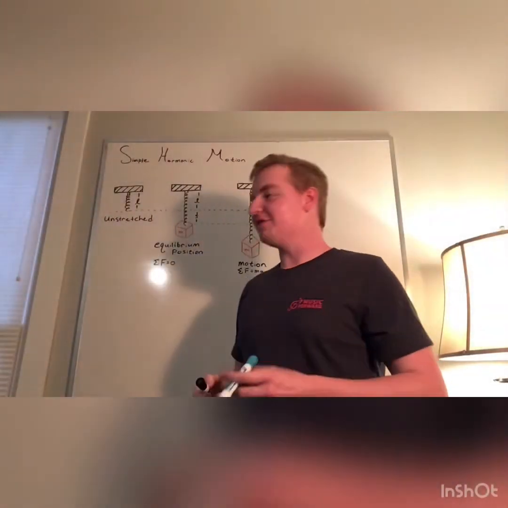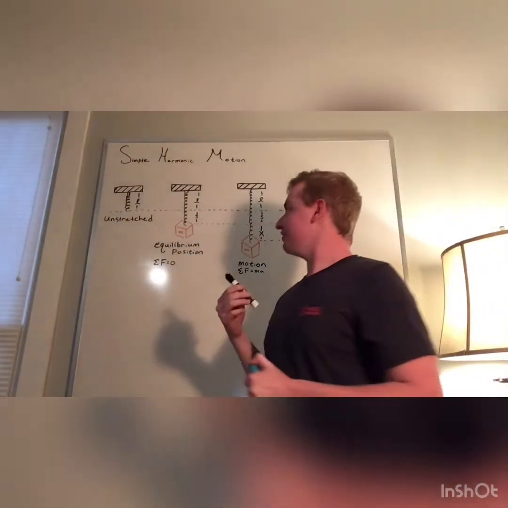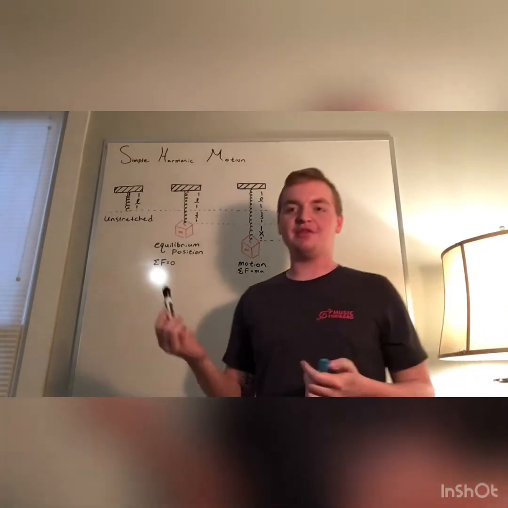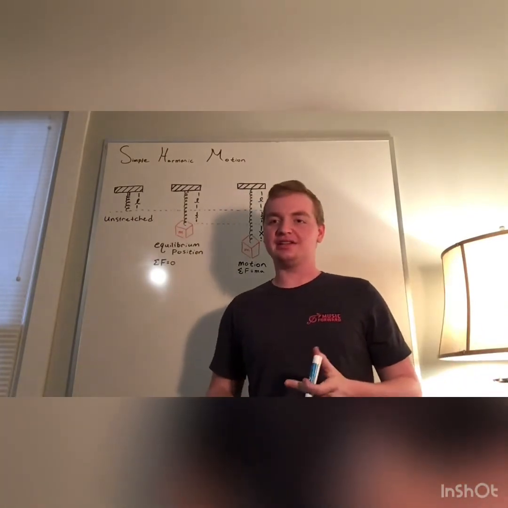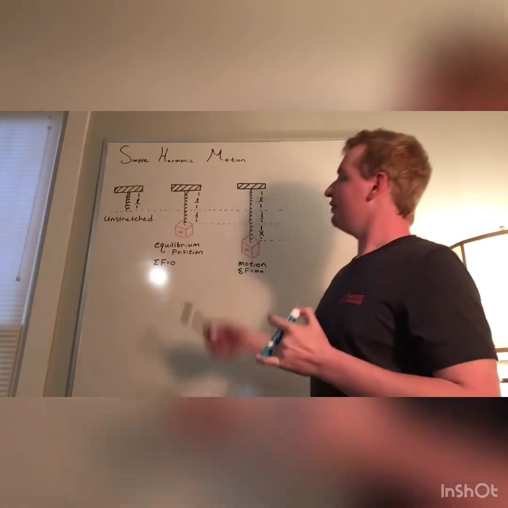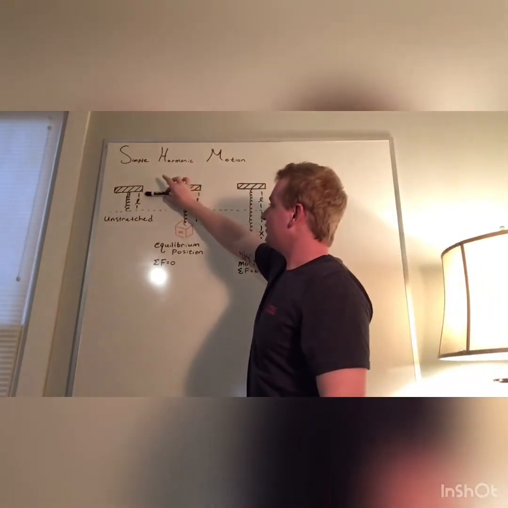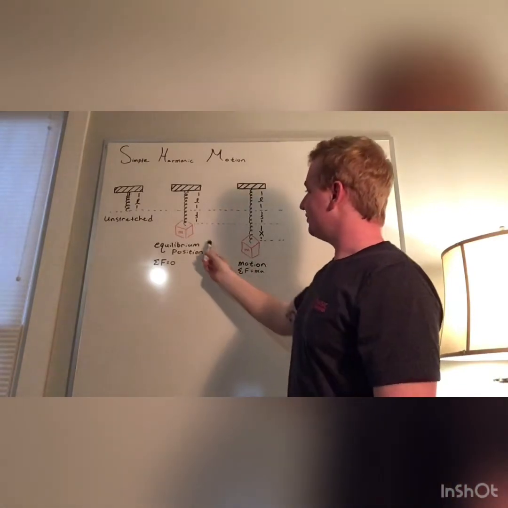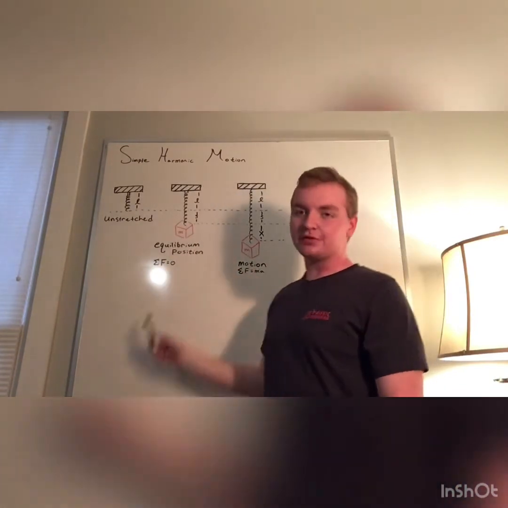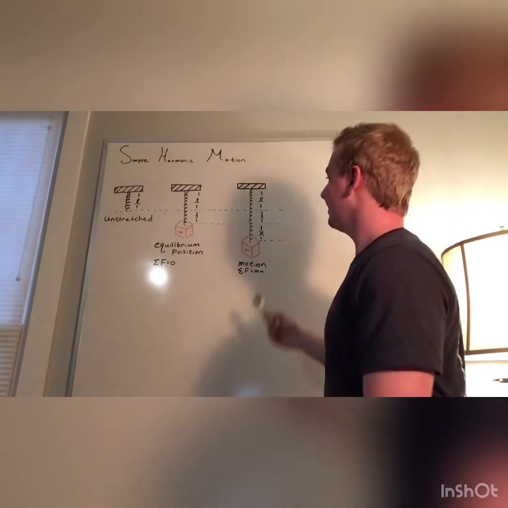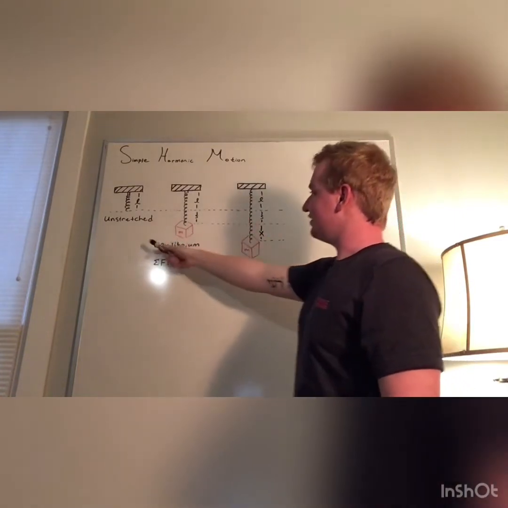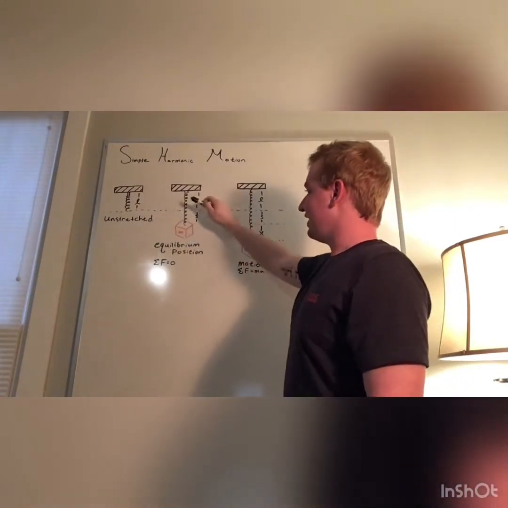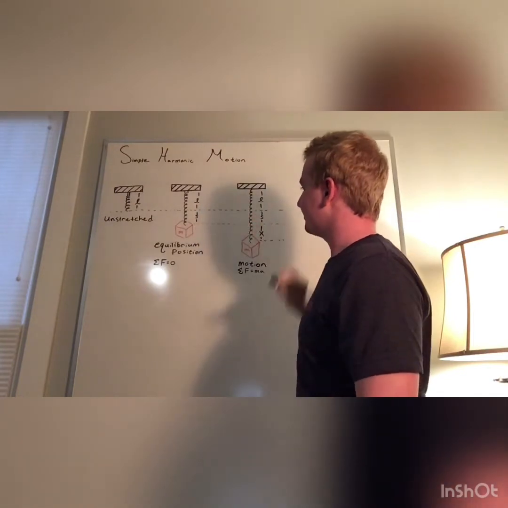Alright, so let's derive this general solution to the equation, right? So you can see behind me we have three different scenarios, right? We have an unstretched spring denoted by the distance L, and then we have an equilibrium scenario where the sum of the forces is equal to 0, where the weight has been added to the unstretched spring, and the spring has stretched a distance of s.